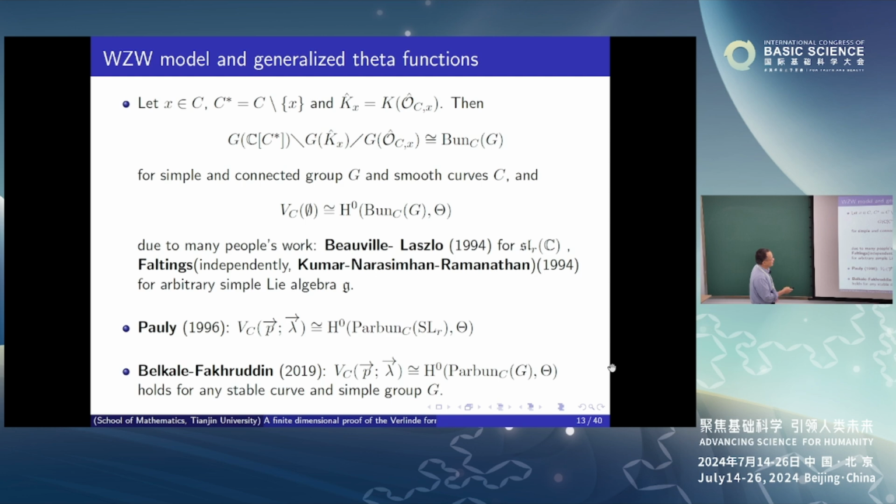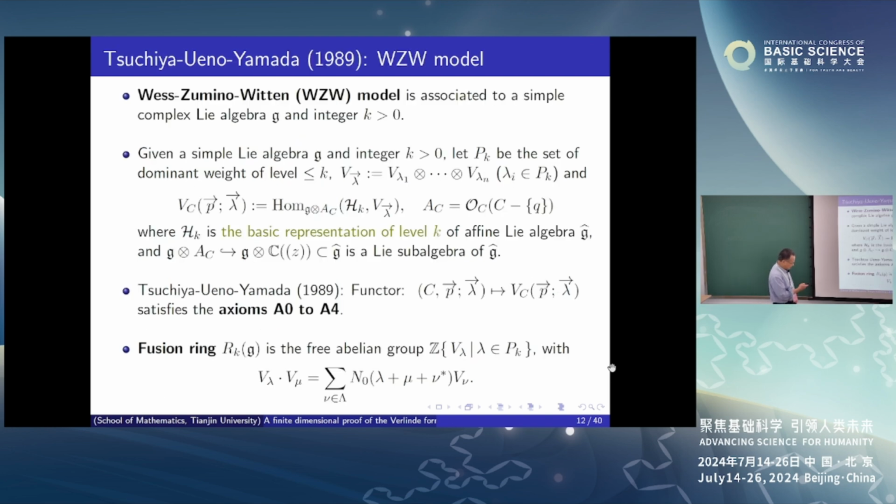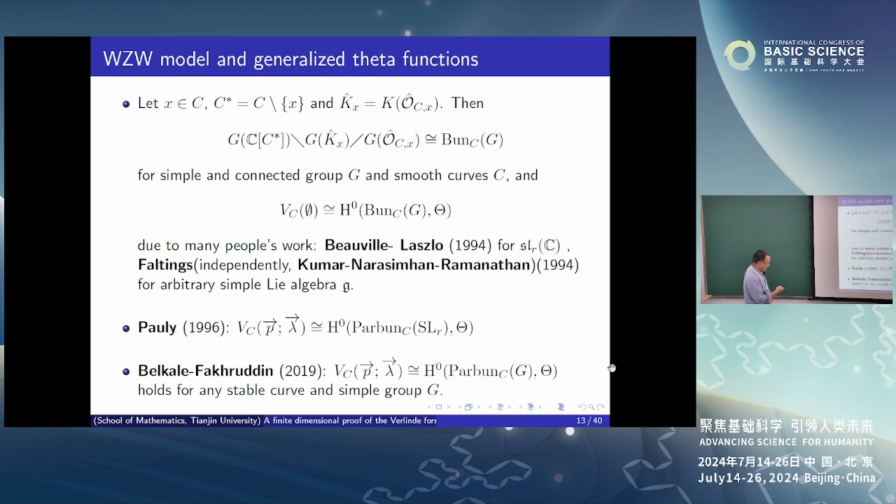This double quotient is identical to the stack of principal G-bundles, where G is an algebraic group determined by the Lie algebra. Given a simple Lie algebra, there is an algebraic group corresponding to this algebra.